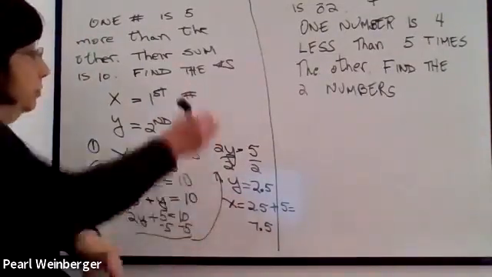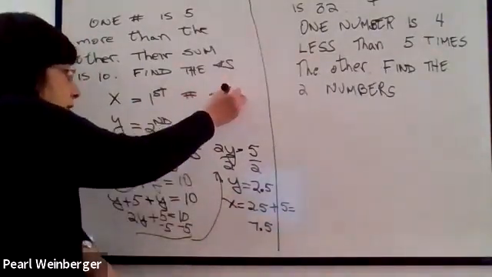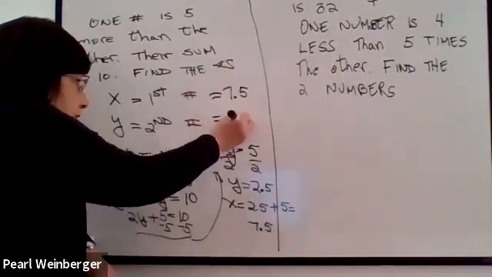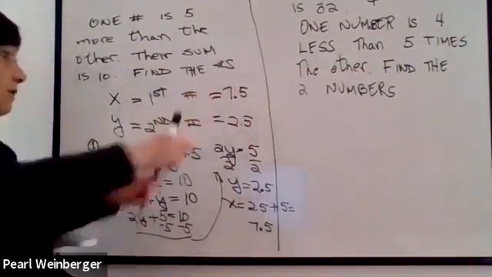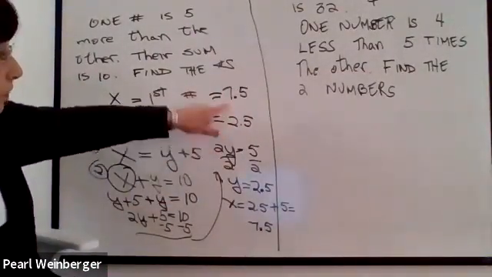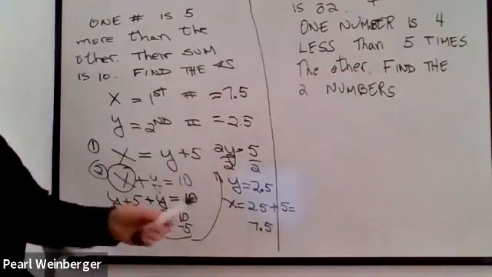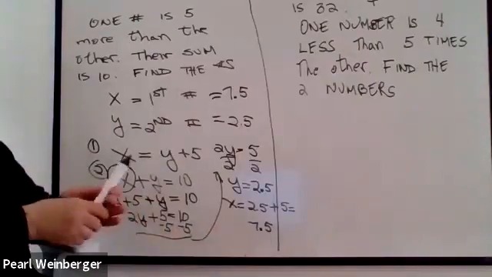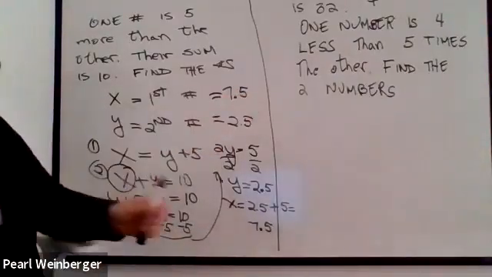Actually, my first number is 7.5, and my second number was 2.5. And notice if you add 5 to 2.5, you do get 7.5. All right. I'm going to give you a few minutes to try.